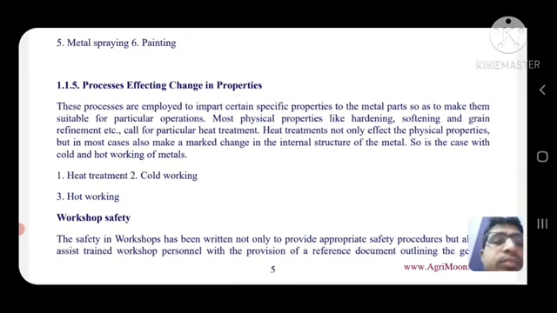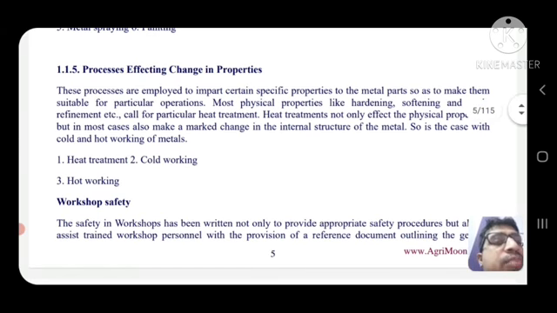Processes affecting the change in properties. These processes are employed to impart certain specific properties to the metal part so as to make it suitable for particular operations. Most physical properties like hardening, softening, and grain refinement, etc., call for particular heat treatment.